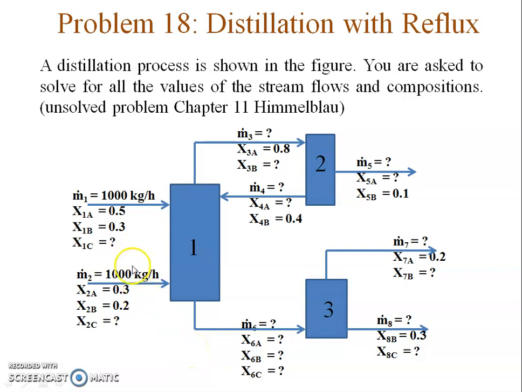Okay, so let's first identify that you have a physical constraint. And what is that physical constraint? That the summation of mass fractions of any stream should be equal to 1. So immediately I can write the value of x1c, 0.2. Similarly, if I apply that physical constraint to this stream, I will get the value of x2c as 0.5.